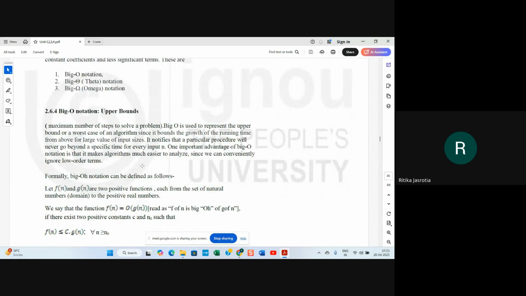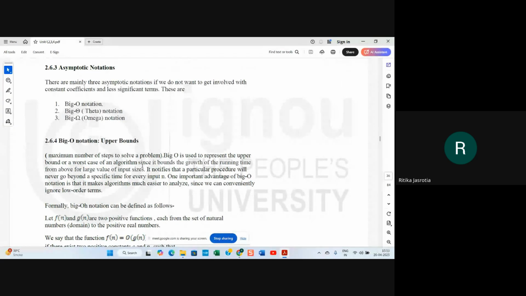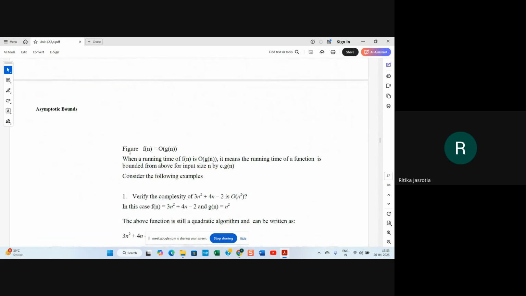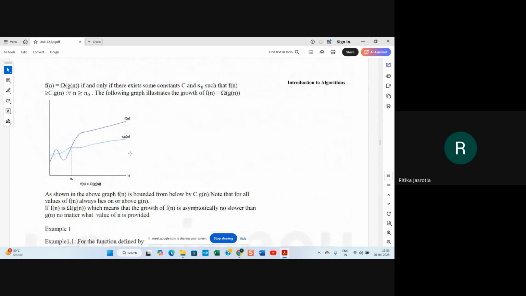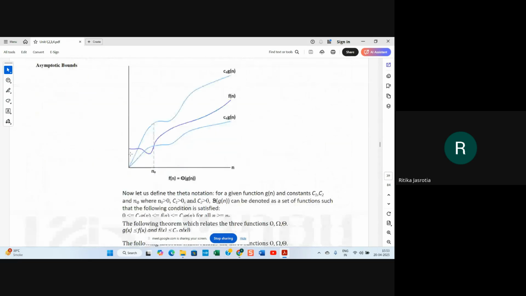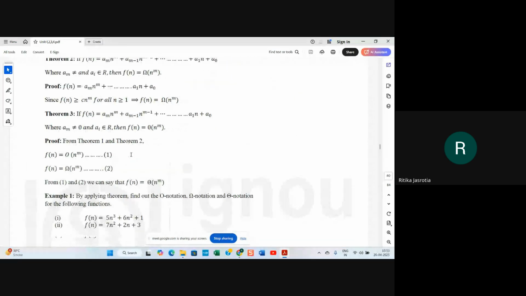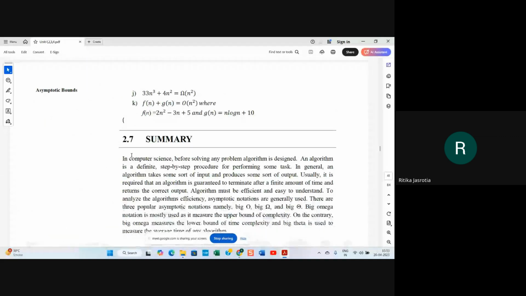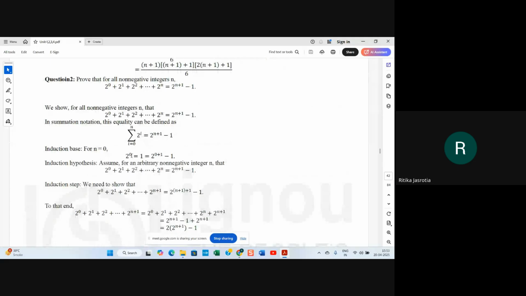Upper bound is big O, the worst case. Theta is your best case, and omega is your average case. We'll see these things later on also.